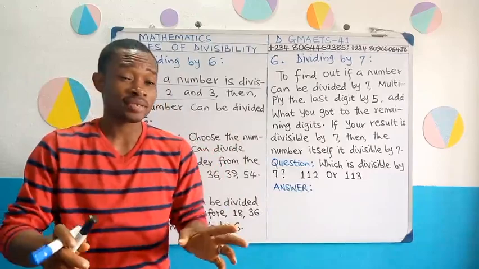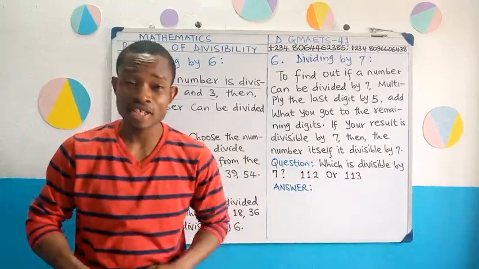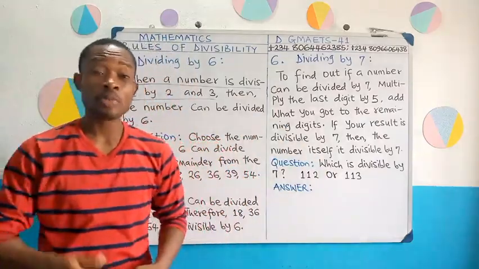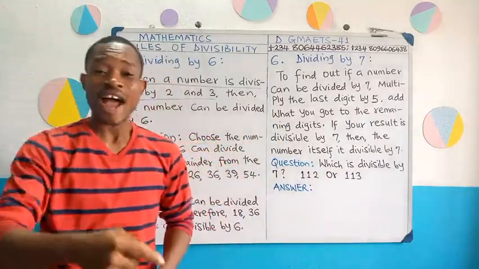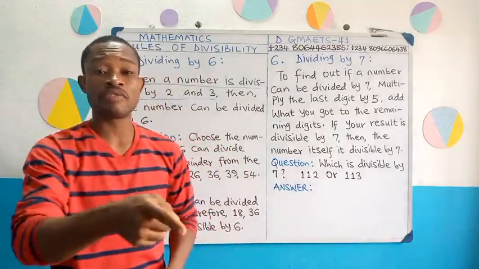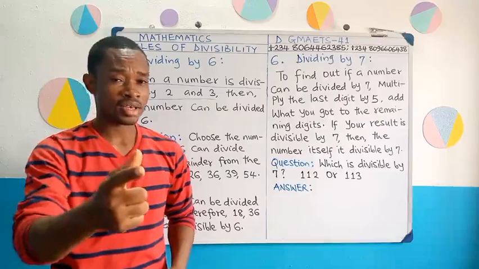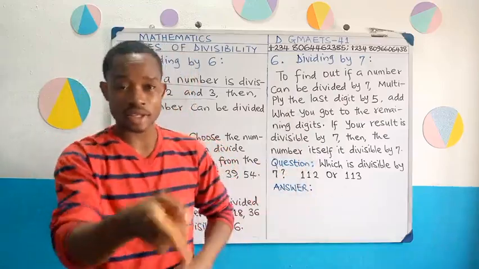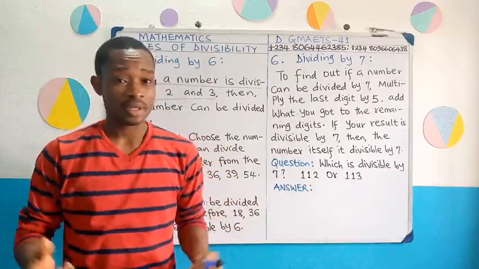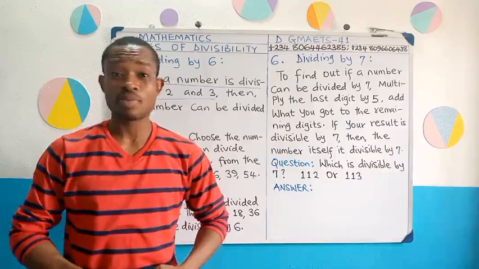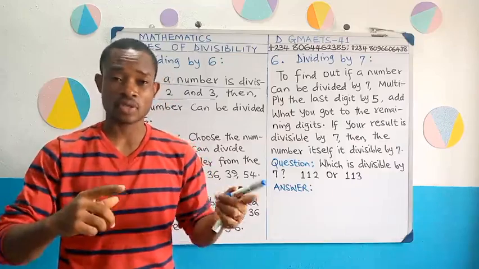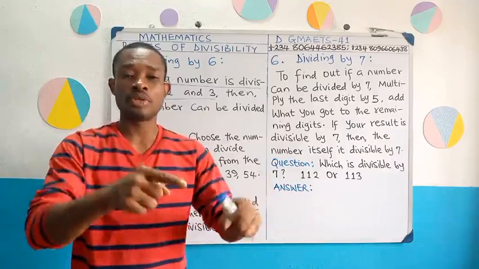I said if 2 and 3 can divide that number, which means 2 should be able to divide that number and 3 should also be able to divide that number. Now listen, if 2 can divide the number and 3 cannot divide the number, it means that 6 cannot divide it, okay? So please don't confuse this. 2 and 3 should be able to divide the number.